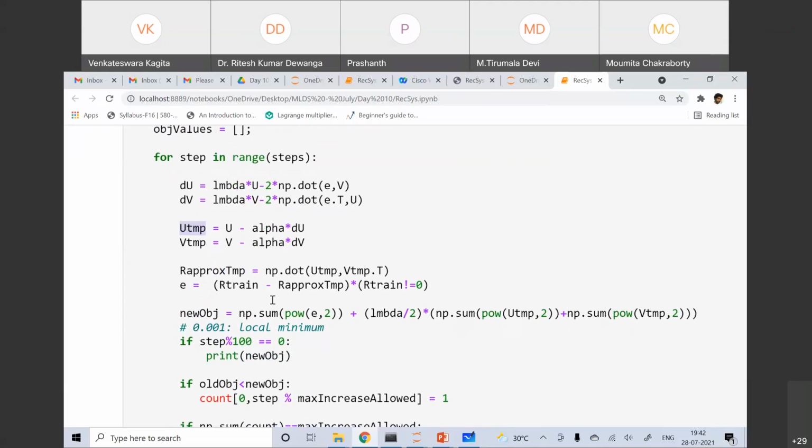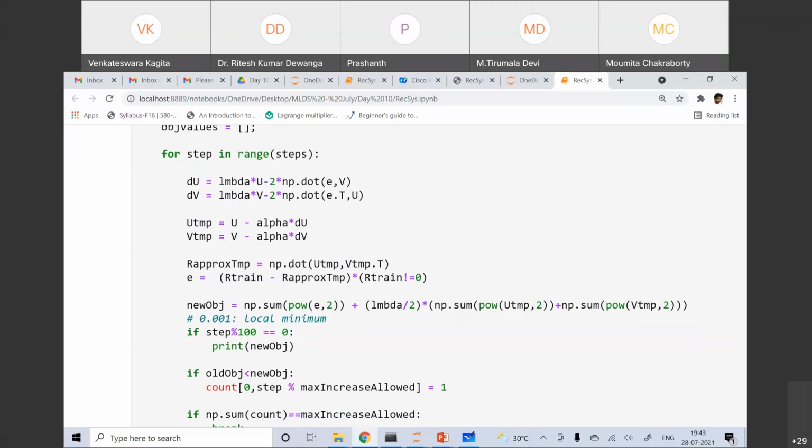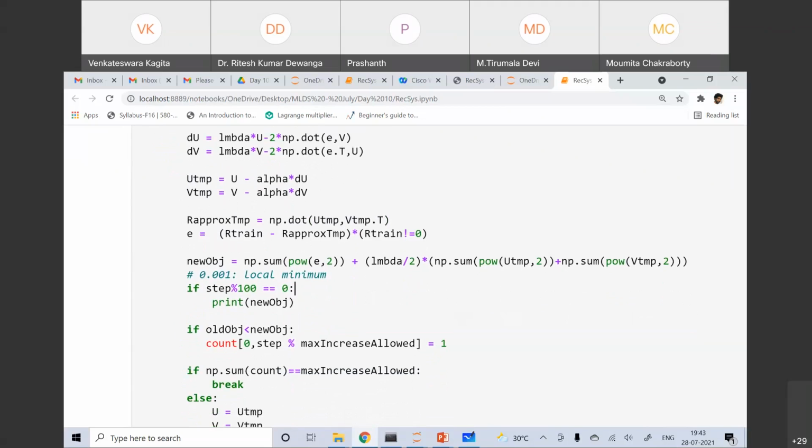Using these new values, you compute the approximation again, compute the error again, and this is the new objective. After updation, you compute this objective. I am just printing this objective to see whether it is increasing or decreasing. But if I print at each and every iteration, it may look clumsy. That is why I print the objective function every 100 iterations.